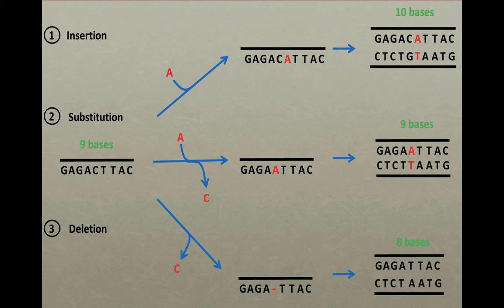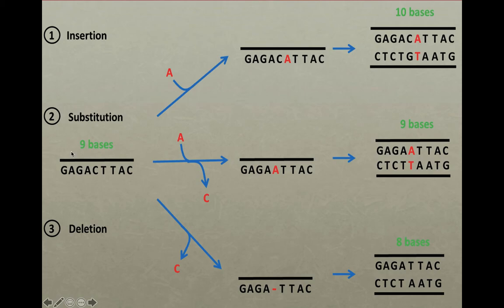If I'm asking you to look at a DNA strand and find the genetic mutation, the easiest way to do it is just to count. If you look at the original, the normal one, and I tell you that there's 9 there, and the one I'm asking about is 10, then that means I added 1, right? So that means it would be insertion.